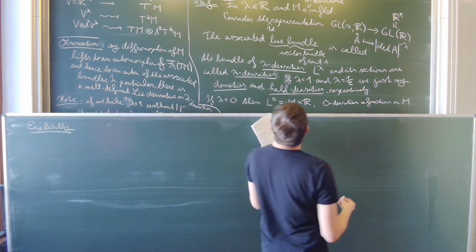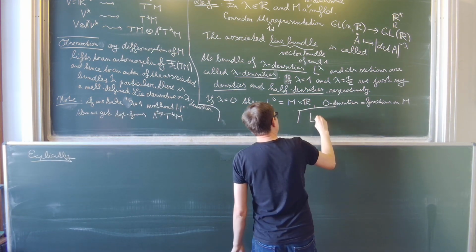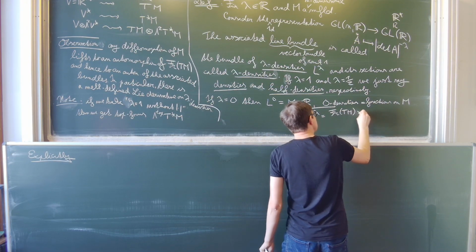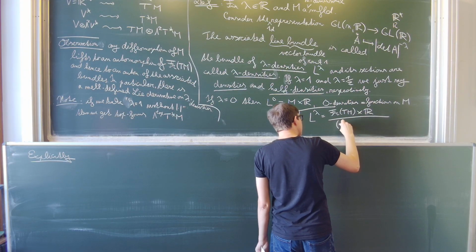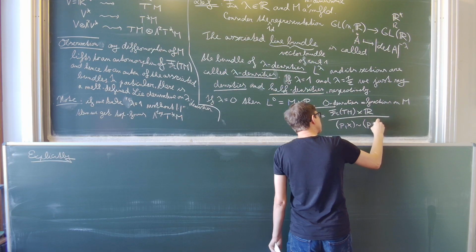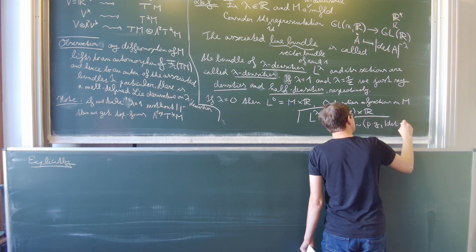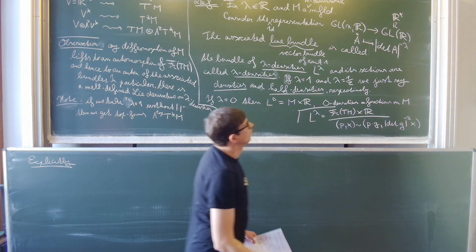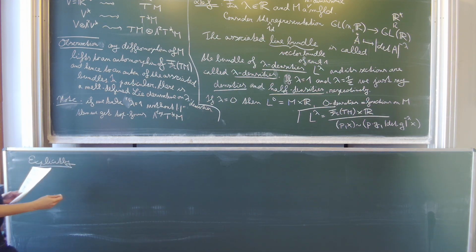Remember, L lambda was the frame bundle of TM, tensored with R, modulo the relation where I act with GL N on the frame and multiply by the determinant to the power minus lambda. Okay, this is the definition. So what does this explicitly mean?